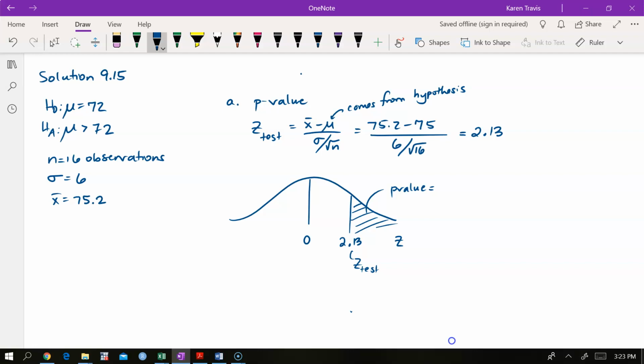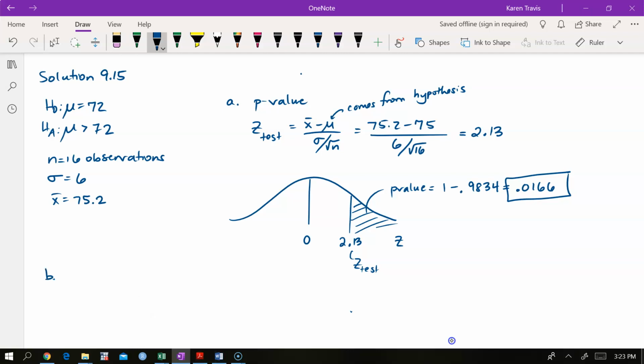We can see that it comes from 1 minus 0.9834, so it's going to be 0.0166. This is our p-value. In words, that means the probability of getting our sample or one further to the right if the null hypothesis had been correct that the mean was equal to 72.